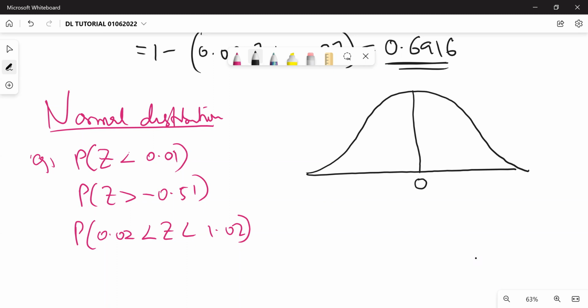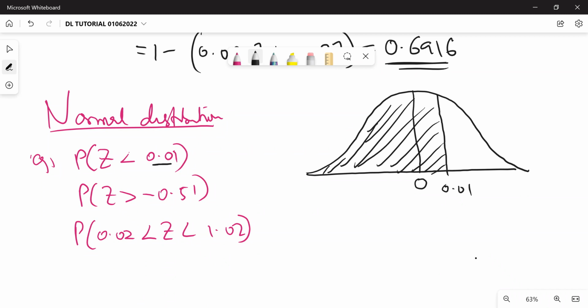This is a positive value of Z, 0.01. This diagram is not drawn to scale. We're talking about Z being less than that value, so all the values below this and all the way to minus infinity.